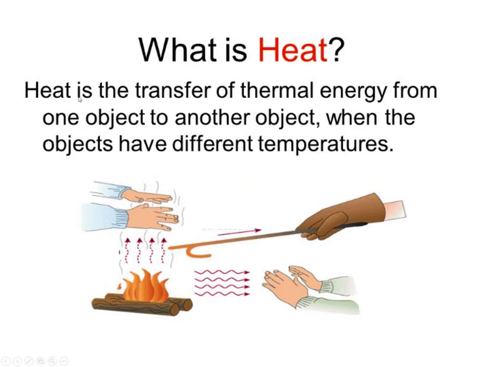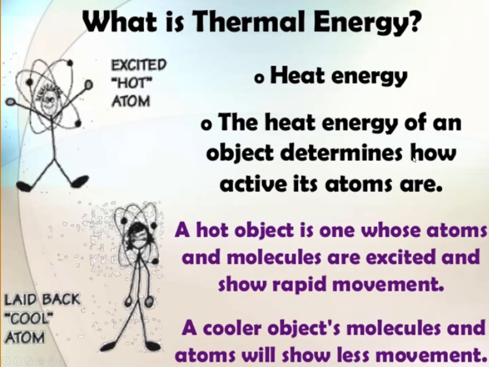So what is heat? Heat is the transfer of thermal energy from one object to another when the objects have different temperatures. Now you all must be thinking, what is thermal energy? Thermal energy is the heat energy.